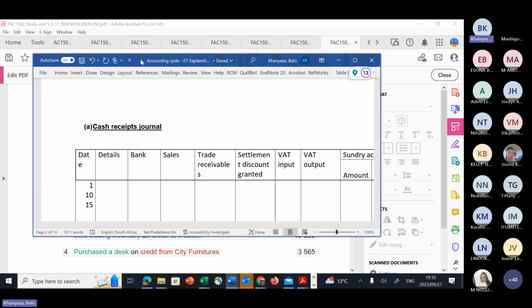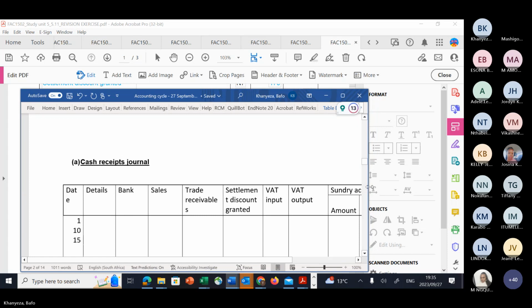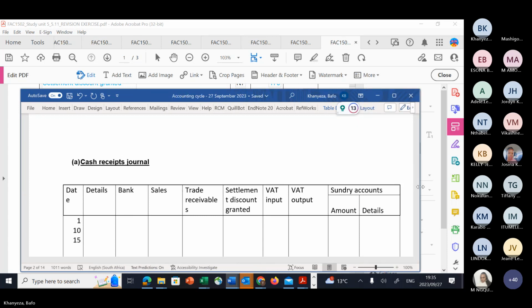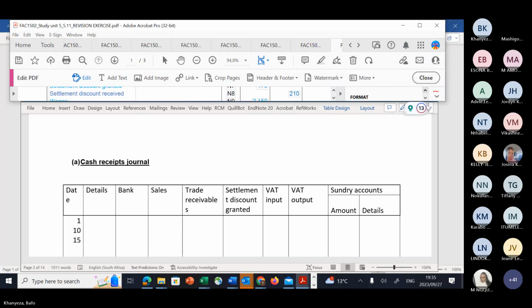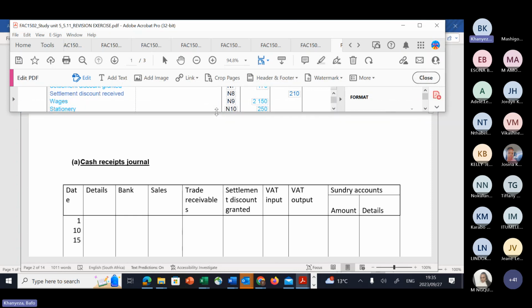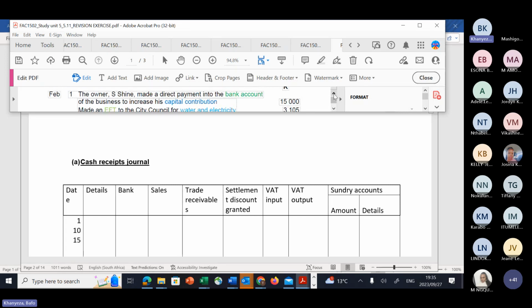I'm going to share the screen, so that I show you where we'll be reading from, so that we have somewhere to take these things from.